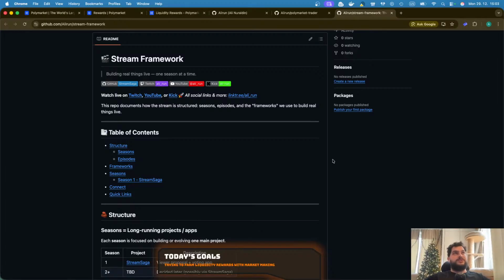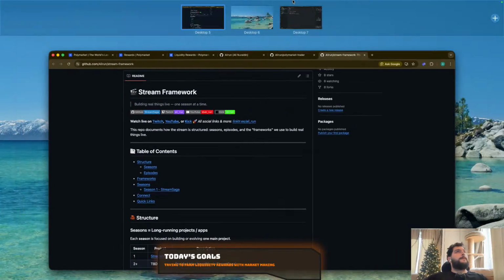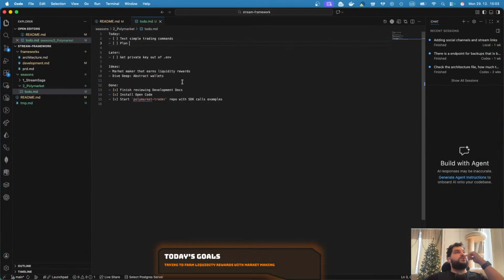We used the OpenCode CLI coding agent for the first time last episode, and we also created a simple TypeScript project, which just connected to the API, and we made sure that we can make calls in there. So what we've done last time is we opened OpenCode and started the repo with the simple calls.